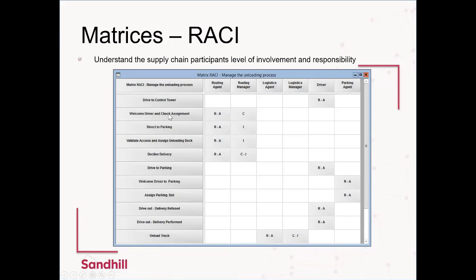So in this example, we've got a matrix where we've got the individual low-level processes which are being performed. We've got the roles that the various actors are performing in here, and then we've got the status or the RACI characteristics for that particular role and the particular processes that we're performing within there.